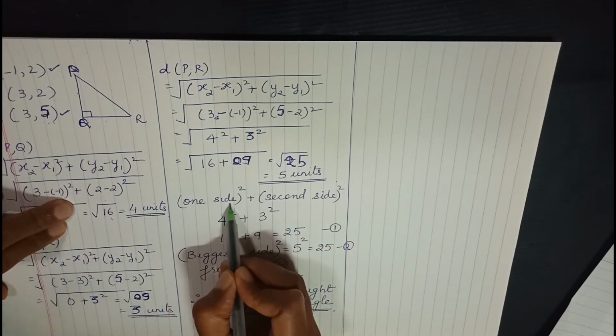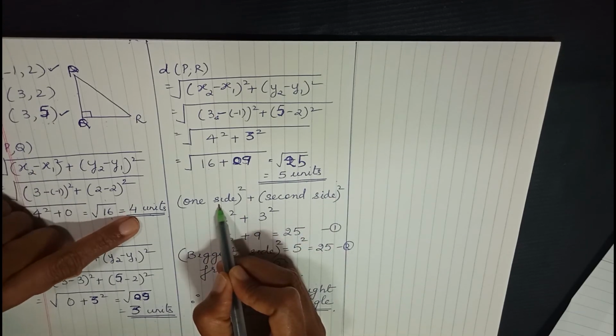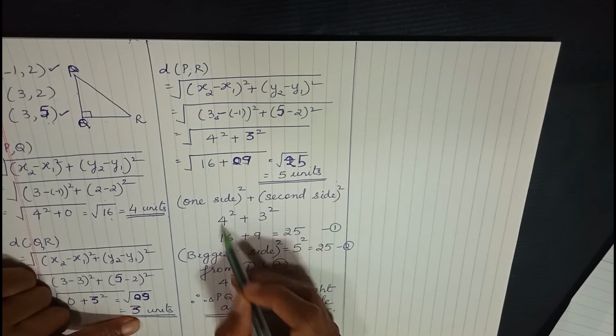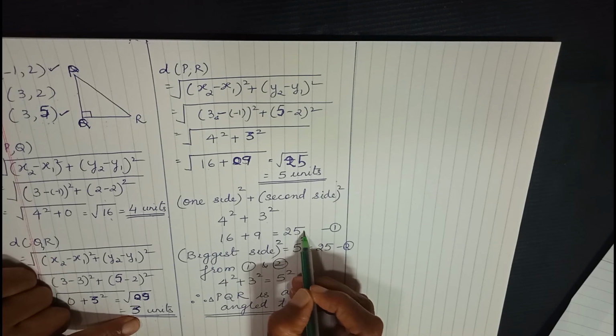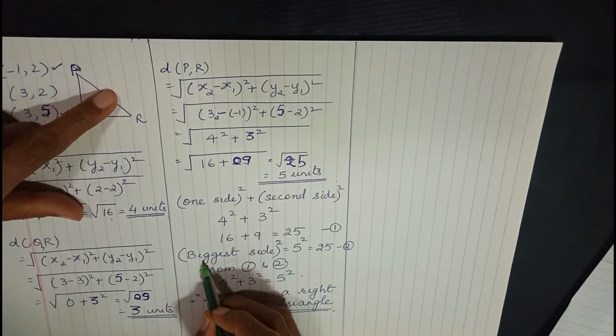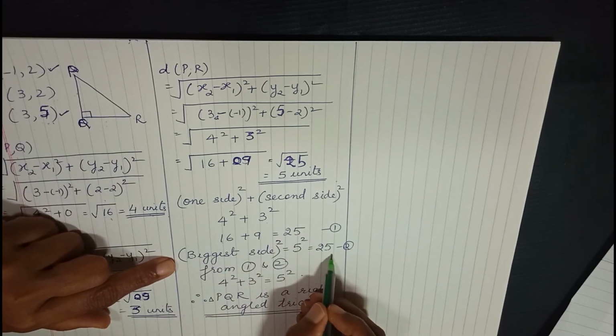So we write one side squared plus second side squared. One side is 4, the second side is 3. So 4 squared plus 3 squared. 4 squared is 16, 3 squared is 9. Addition is 25. And now, which is the biggest side? 5. So we have to square that also, which is the hypotenuse squared. So the biggest side squared is also 5 squared, which is 25.